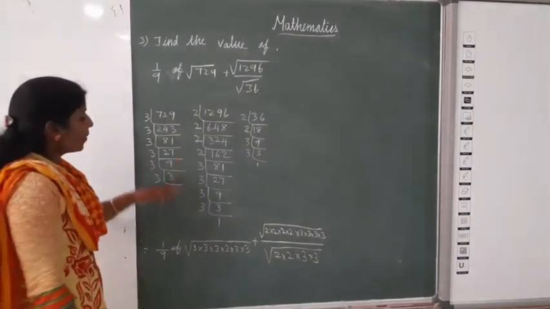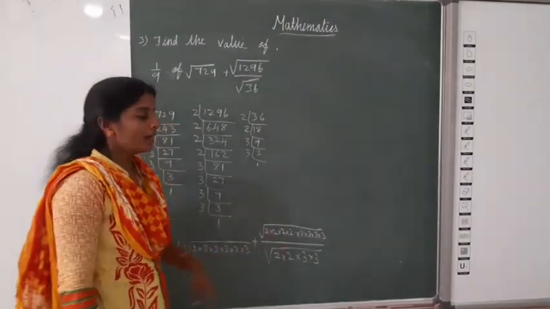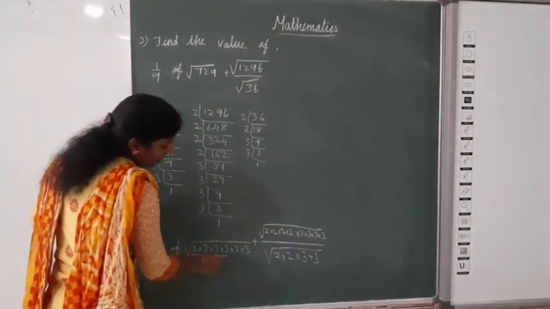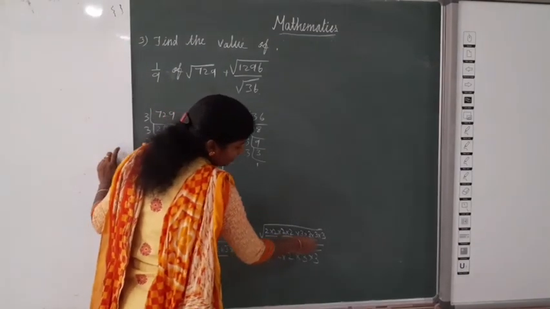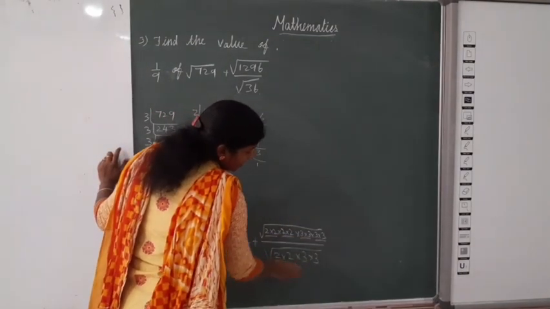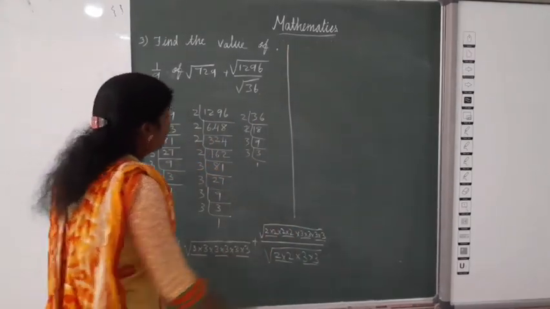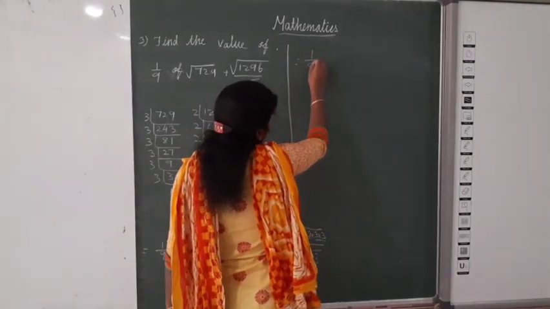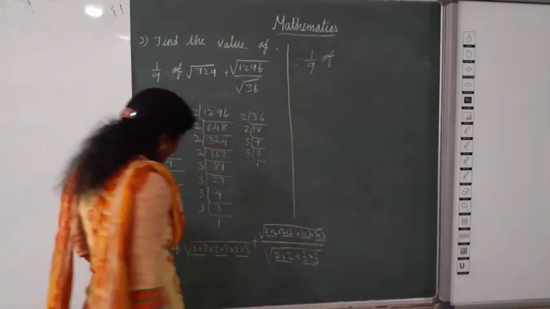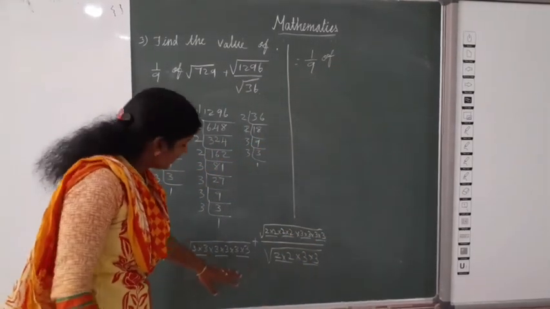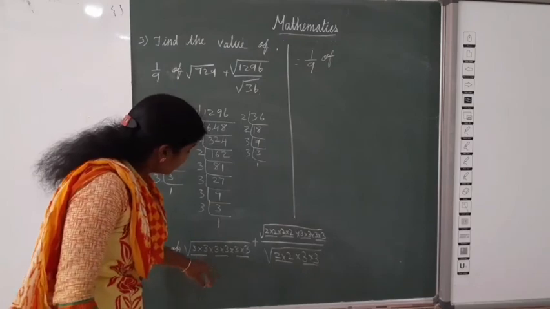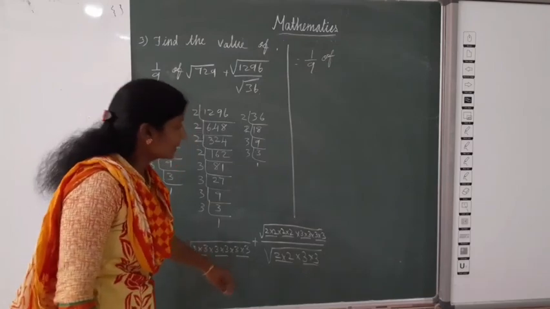Okay. This is square root. So we can take 2 in 1 outside. Isn't it? 2 in 1 take outside. Now listen here. Here 1 by 9 of 3. How many times we need? Here 3 in 1, 2 in 1 take outside means 3, 3, 3, 3 times.